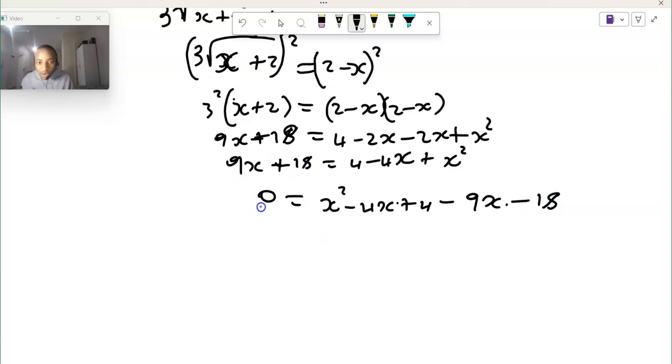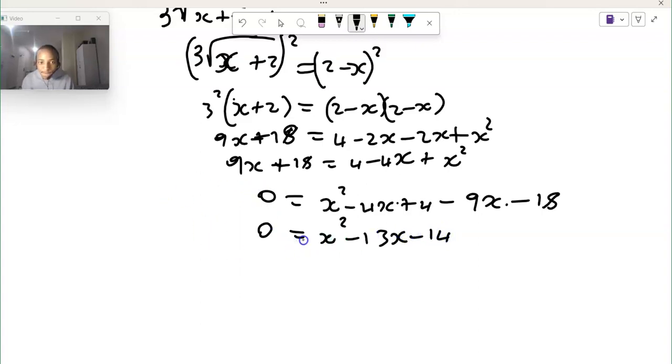So on this side it's going to be 0 is equal to x squared, then negative 4x and negative 9x are the like terms, so it's going to be negative 13x, and then 4 minus 18 is negative 14, right?